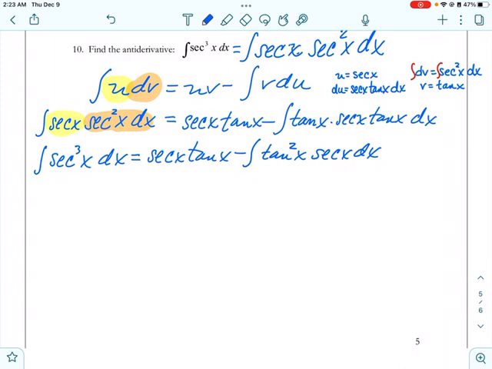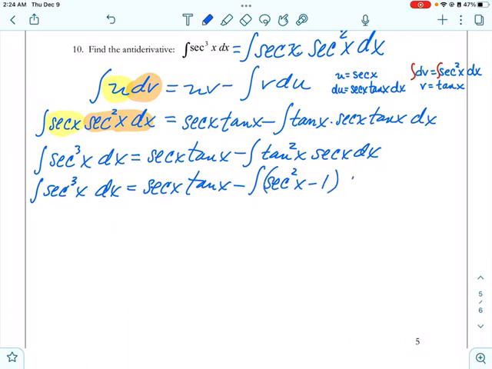If u is secant x, then du is secant tan, and I don't have the right combination there. I'm going to have leftover tan, and I don't have a secant squared, right? So what I'm going to do is change the tangent squared x. Secant cubed x dx is equal to secant x tan x minus the integral of secant squared x minus 1, and then that's going to be times secant x dx.